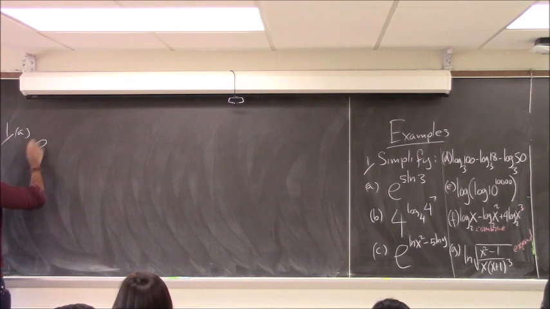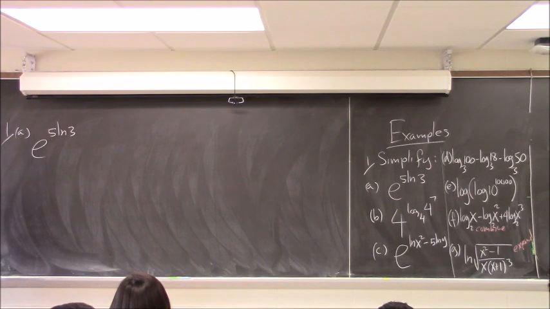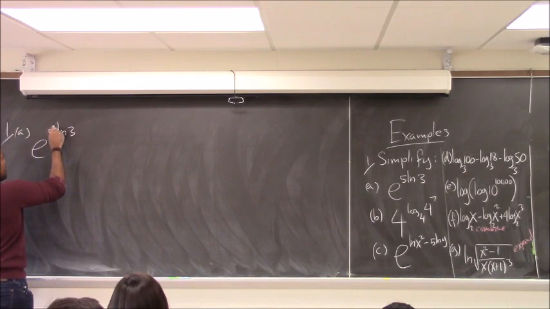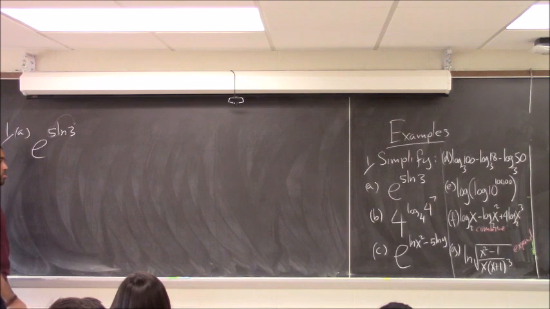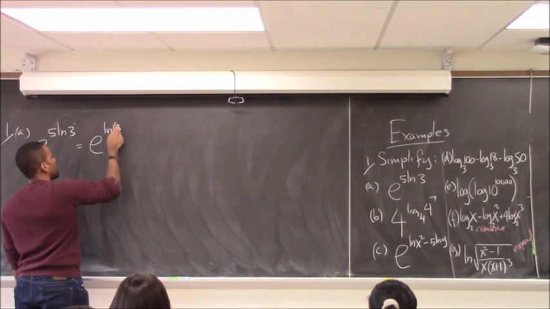Simplify. This 5 here, I can bring up. Why? Because rule 2. So this is just e to the ln of 3 to the 5.